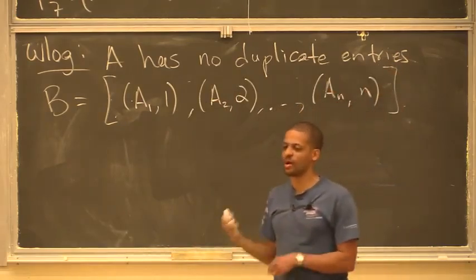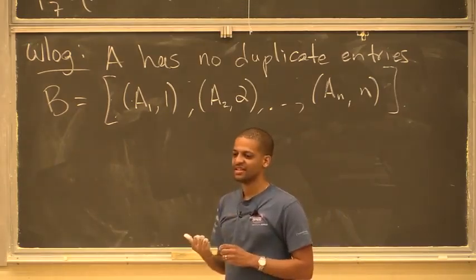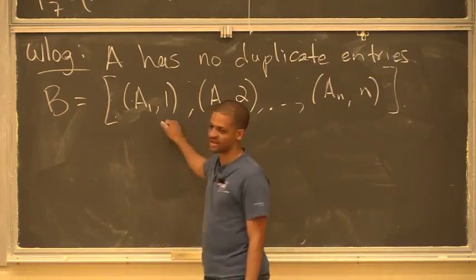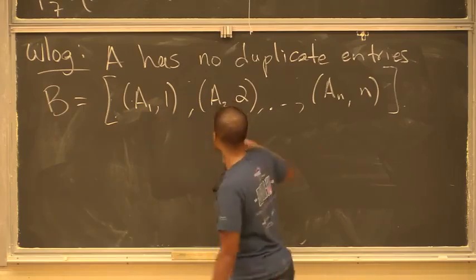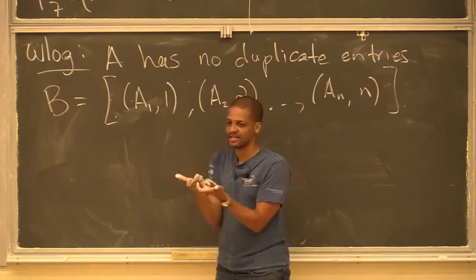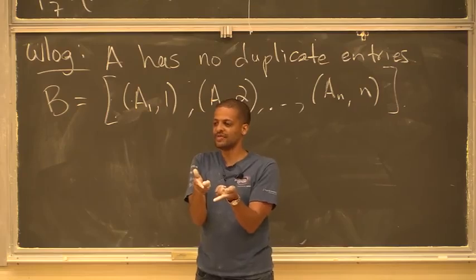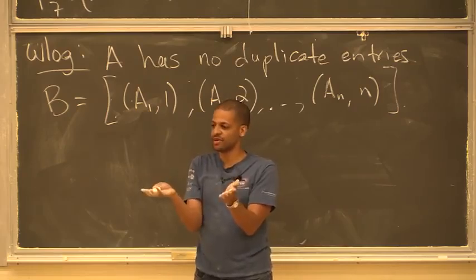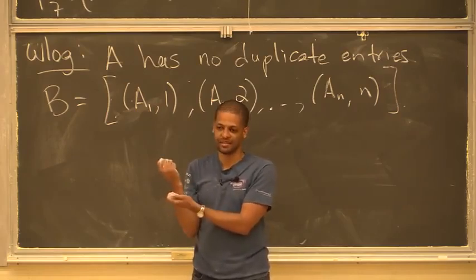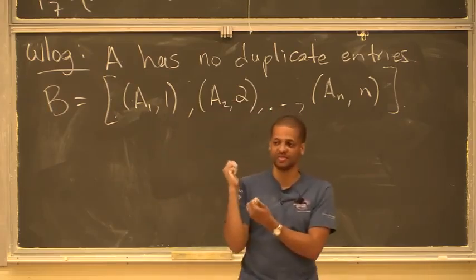And then I'll just solve the problem on B. The comparison is basically lexicographic. When someone asks me to compare two entries in B, those two entries are pairs. I first compare the first element in the pair. And if they're not equal, great, that decides my comparison for me. If they are equal, I just compare the second element in the pair. And those are guaranteed to be different, because all the second elements in these pairs are different.